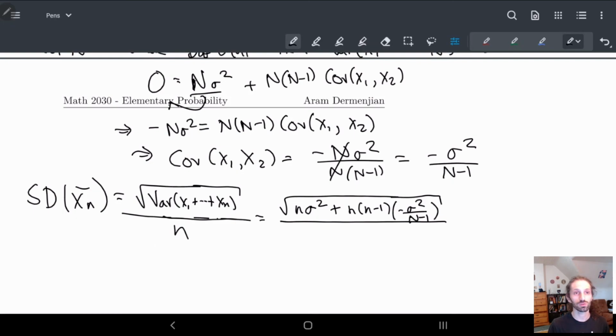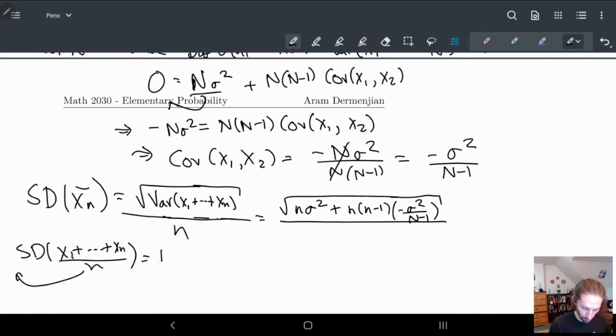So here we can use the fact that for the standard deviation of x1 all the way up to xn over n, we can pull this n out and do 1 over n times the standard deviation of x1 all the way up to xn. So we'll have to divide by n. We can't use the variance like we did in the last one. We have to use this from the standard deviation examples. So we just have an n on the bottom.